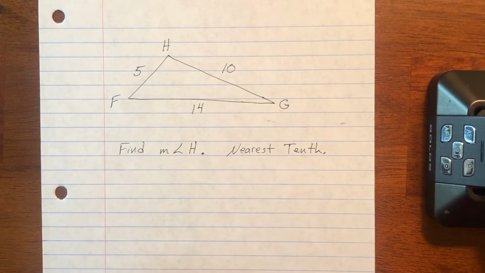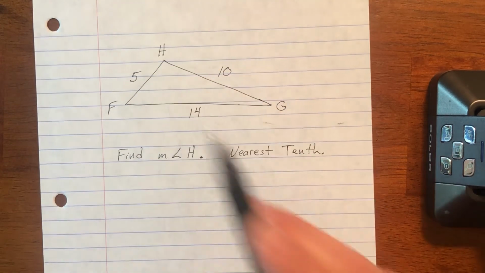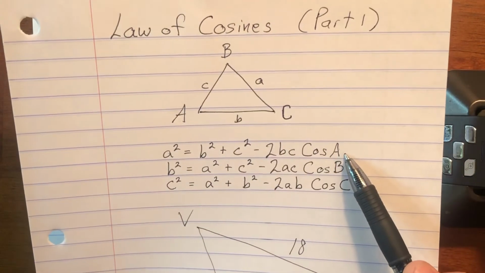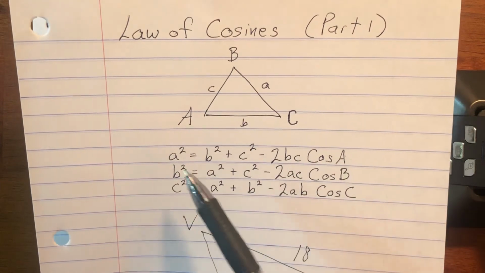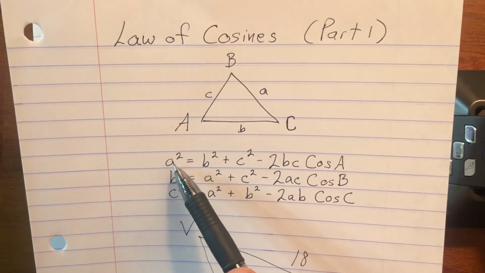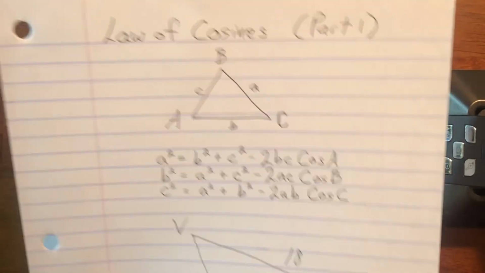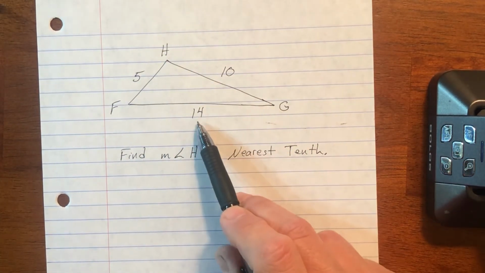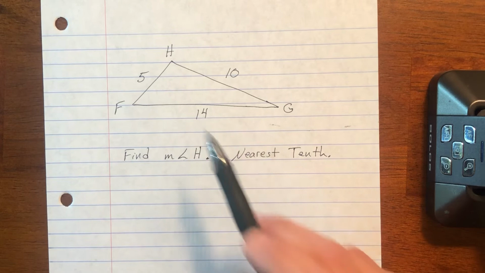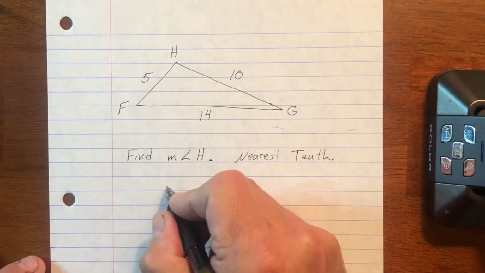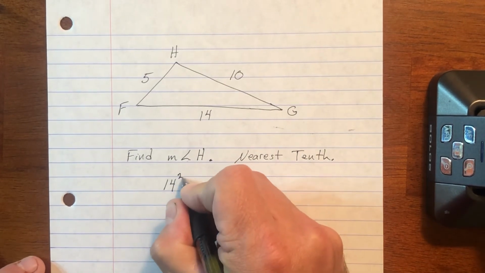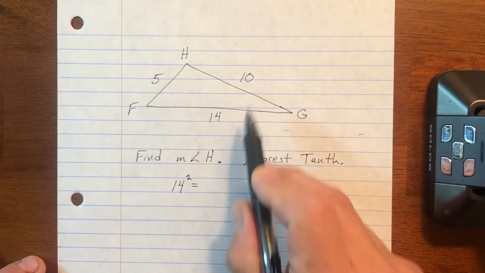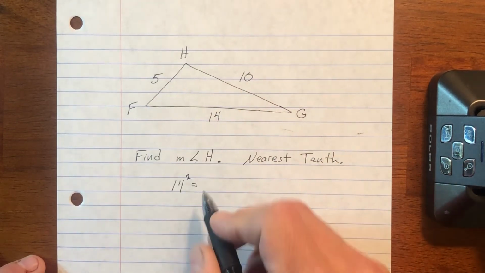Well, we know that the angle at the end of the formula always matches the side opposite at the beginning of the formula. So, in order for us to figure this out, H is the angle, 14 is like the one out on the other side. So that means that 14 squared is going to equal, well, the other two are there and there.